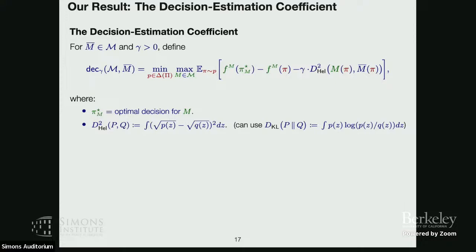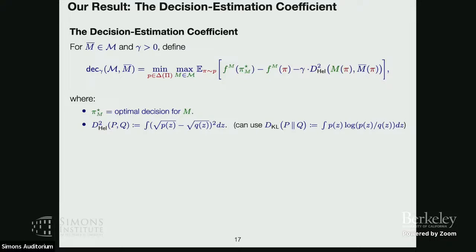Naturally, it's going to depend on the model class script M. It's going to depend on what we'll call a reference model, M bar, in this class. And it's going to depend on a scale parameter that we call gamma. Let's walk through this. I'll walk through it once, and then I'll walk through it again to make sure everyone's on the same page. This is a min-max problem.